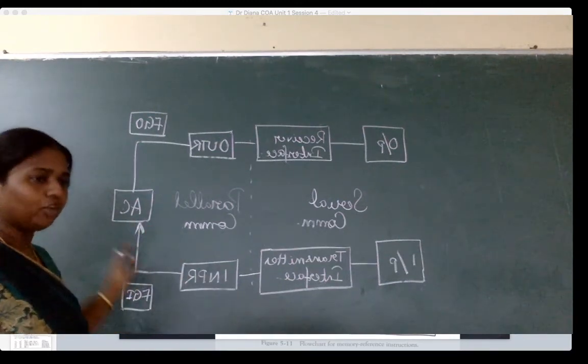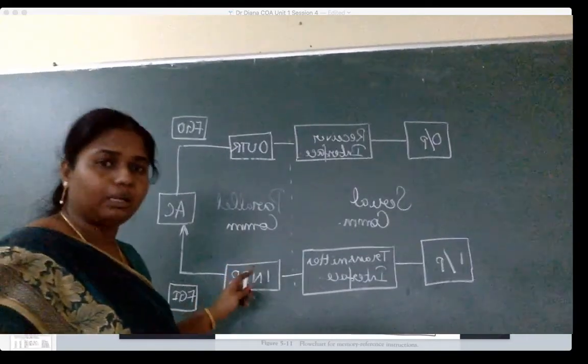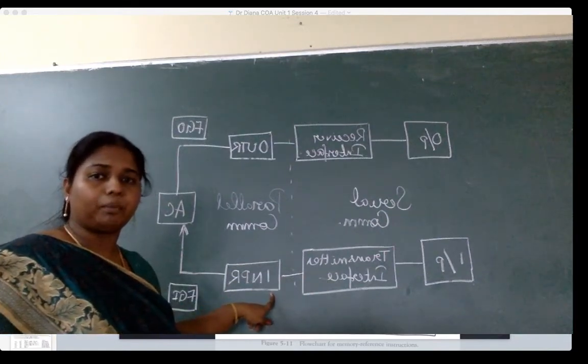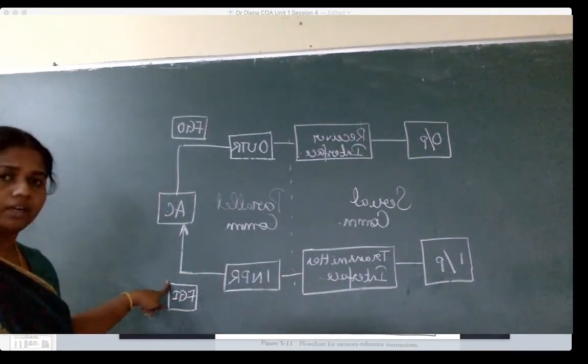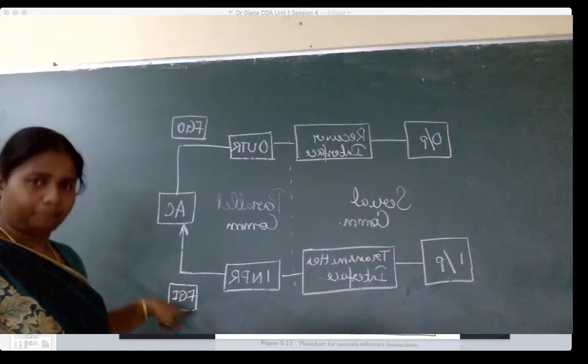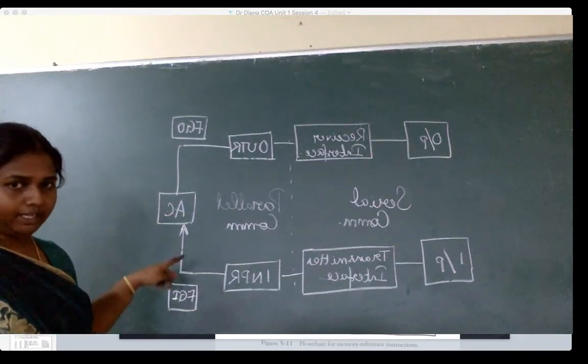The initial value of the FGI is 0 because data is not available at the input register. Once data becomes available at the input register, its value becomes 1.